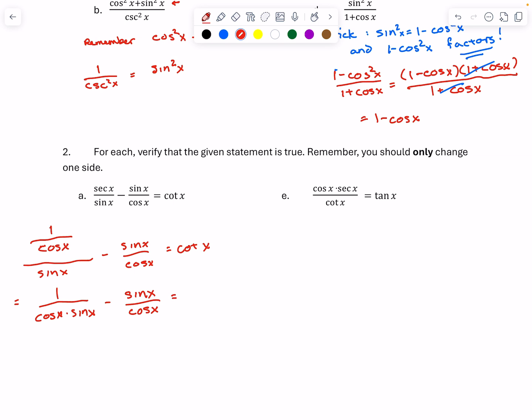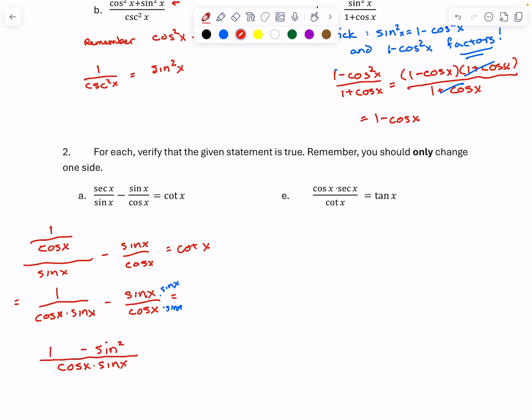Common denominator, so I'm going to have to multiply this by sine x. Remember, when you're adding or subtracting, you need to get it to a common denominator. So the common denominator is going to be cosine times sine. And we have 1 in the first term and then minus, oh look, sine squared.